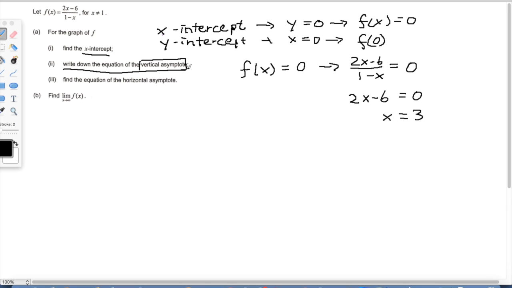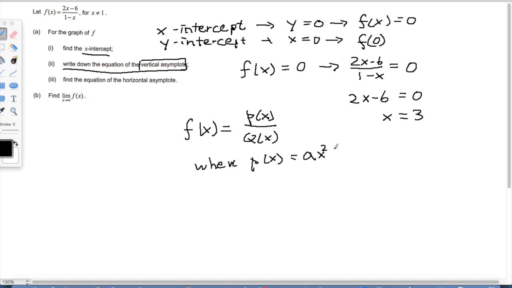So the vertical asymptote arises when we have a rational function. By rational function, I mean that f(x) is equal to p(x) over q(x), where p(x) is some polynomial, say ax squared plus bx plus c, and q(x) is another polynomial.